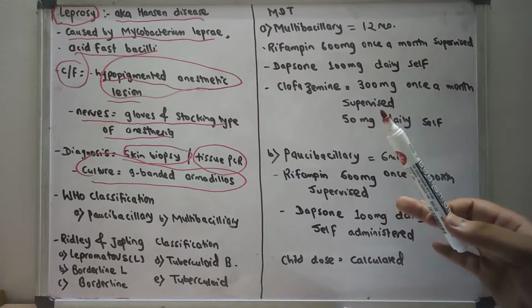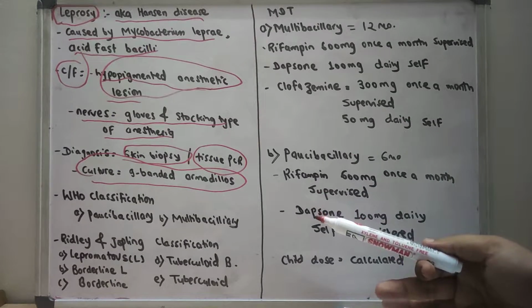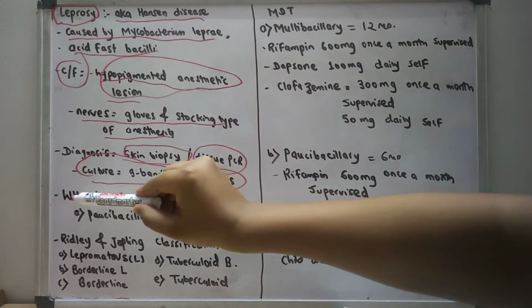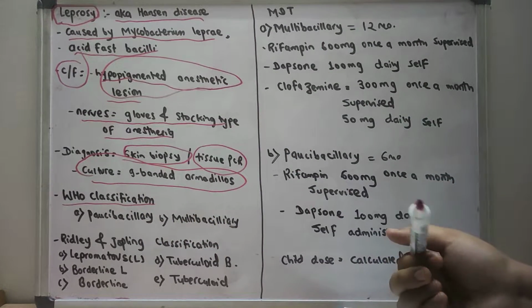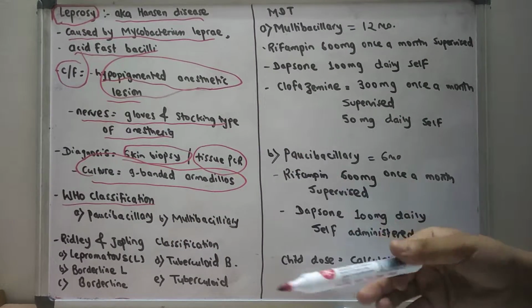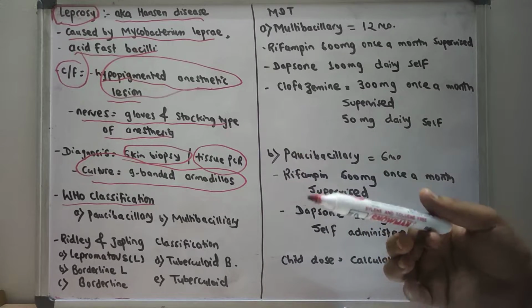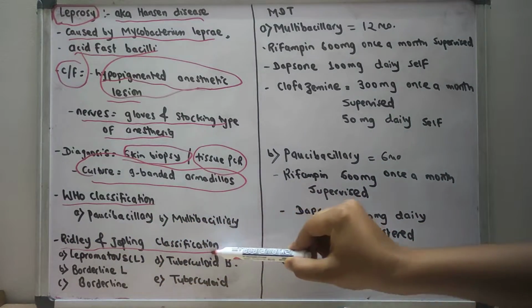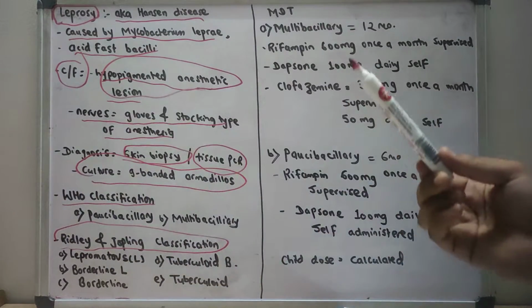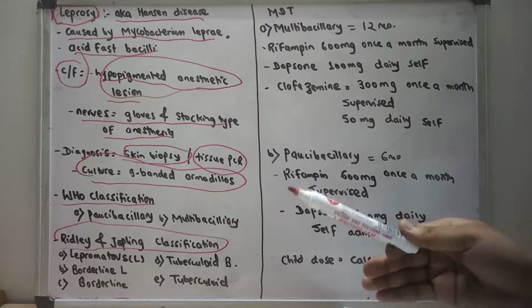Now let us move towards the classification of leprosy. There are mainly two classifications that we are using. One is the WHO classification of leprosy, that helps to prescribe the anti-leprotic medication, and we also classify it by the Ridley and Joplin classification. In the Ridley and Joplin classification, the severity of leprosy is identified.